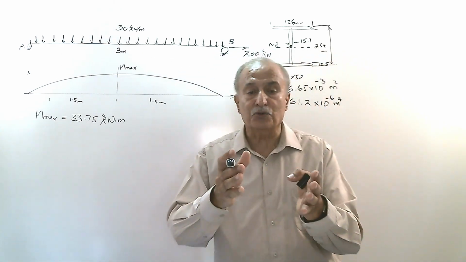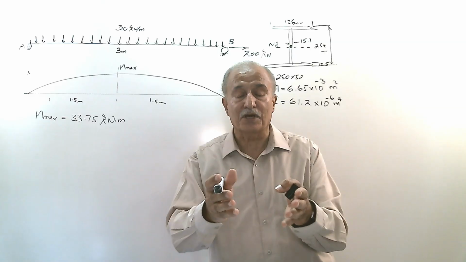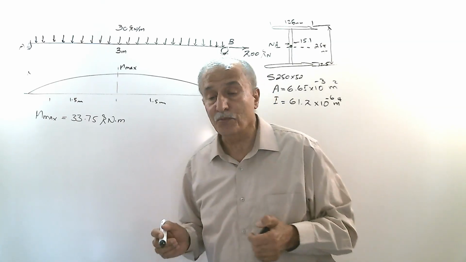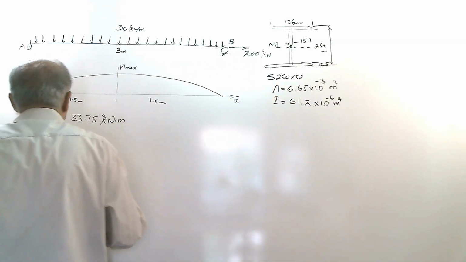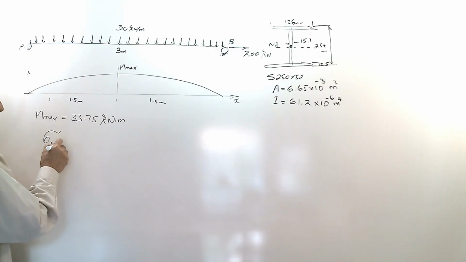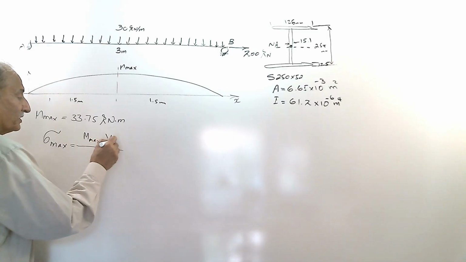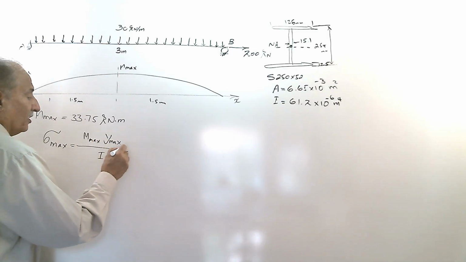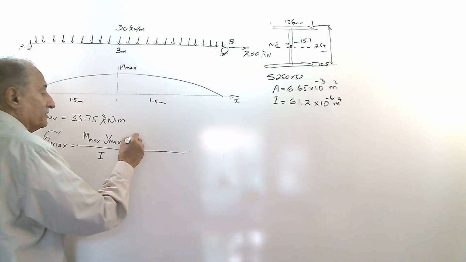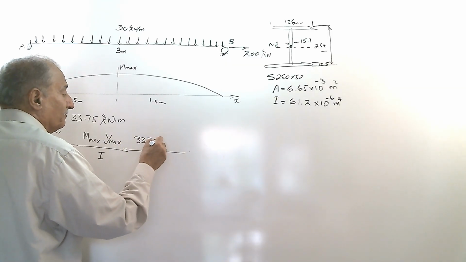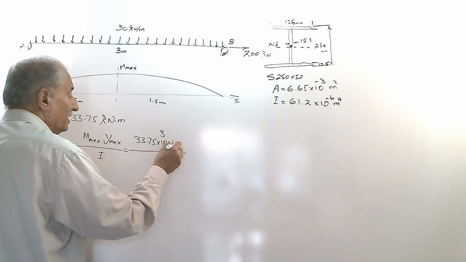Stresses due to this worst case scenario, when bending moment is maximum, is equal to sigma max, which is M max times Y max over I. M is 33.75 times 10 to the power 3 Newton meter.